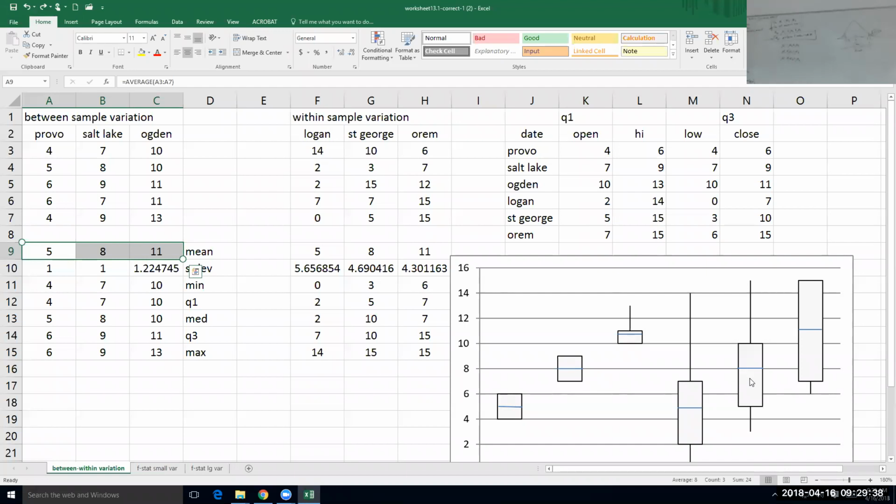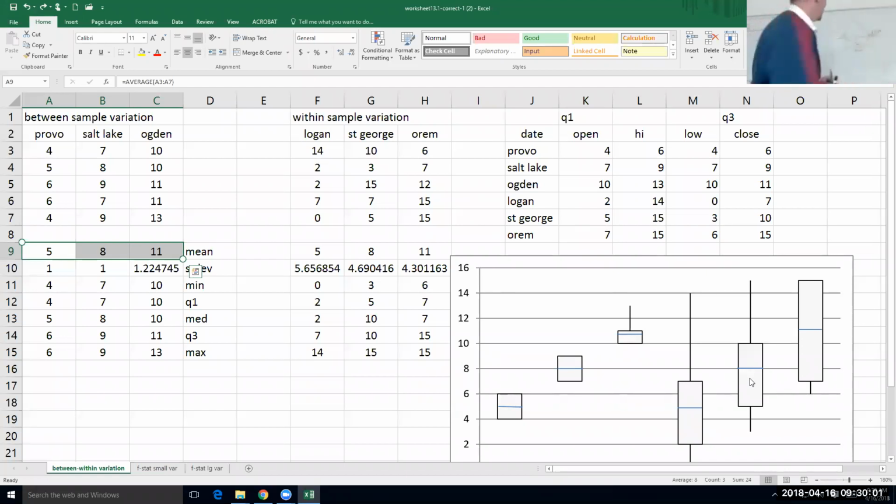These are not clear. These might be the same, but is that one the same as that one? There's a lot of overlap. It's hard to tell. Does that make sense? So that's a visual representation of why we care so much about the variance in this case.